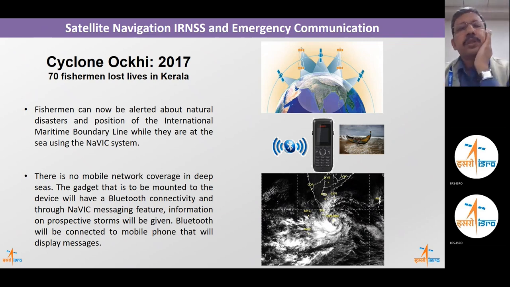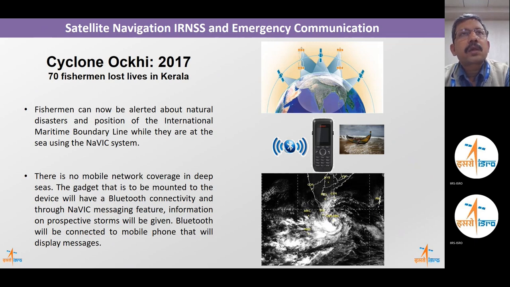I'll not go into much detail about satellite navigation, but I'll just emphasize one aspect, that is the Indian Satellite Navigation System, IRNSS, and how it has played a big role in emergency communication. In 2017, we had cyclone Ockhi, in which 70 fishermen from Kerala lost their lives.